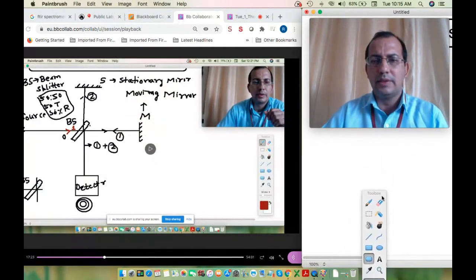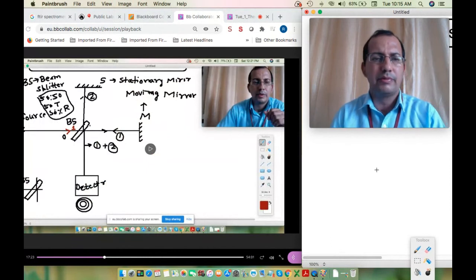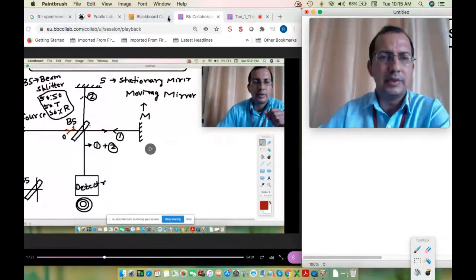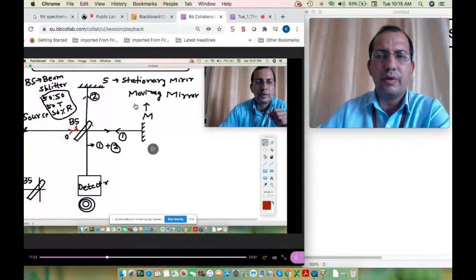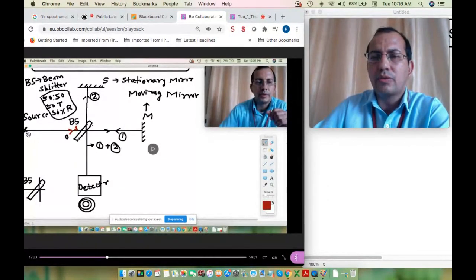If you look into the details of this setup, let's have a quick look at what the main aim is. You have this source, and what kind of source do you need to have? These are infrared radiation sources. And in most of the books, you will also see that they put a laser like a helium neon laser.